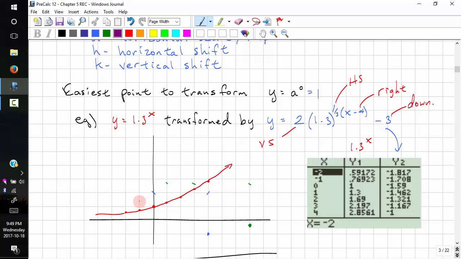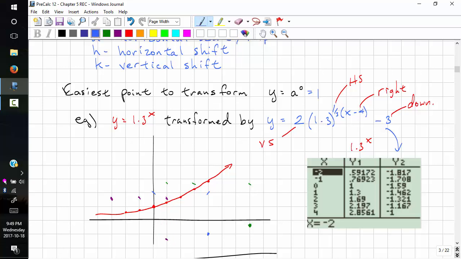We're going to double this. That's roughly there. And we're going to stretch it from -1 to -3. And we're going to move right 4. 1, 2, 3, 4. And we're going to move down 3. 1, 2, 3.